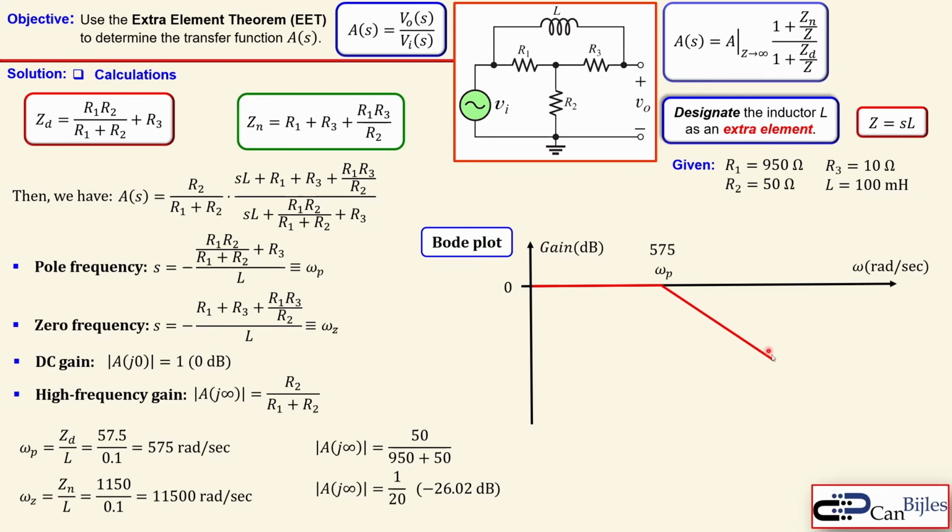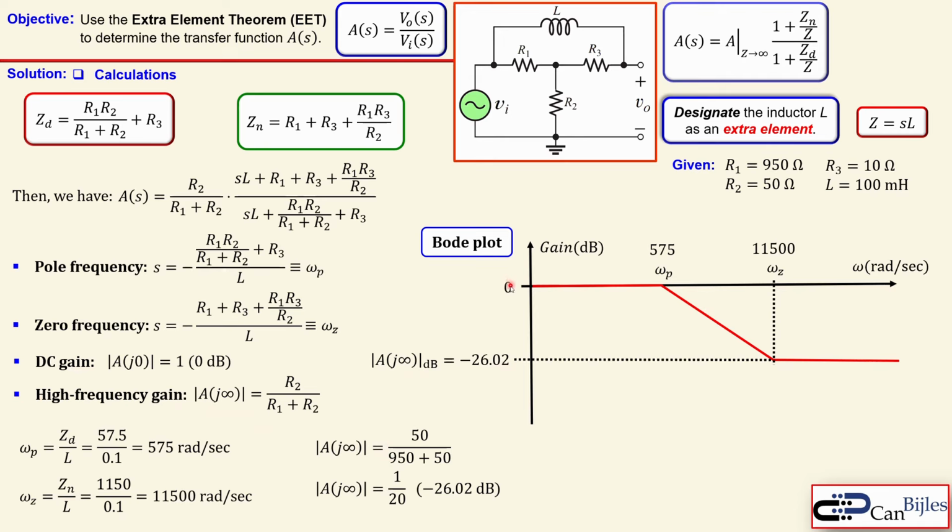Then it goes down with a slope of minus 20 dB per decade. Then we reach our zero frequency, which is 11.5 kiloradians per second, and then we level off to 0 dB per decade. And this part is our minus 26.02 dB, which is our high frequency gain.